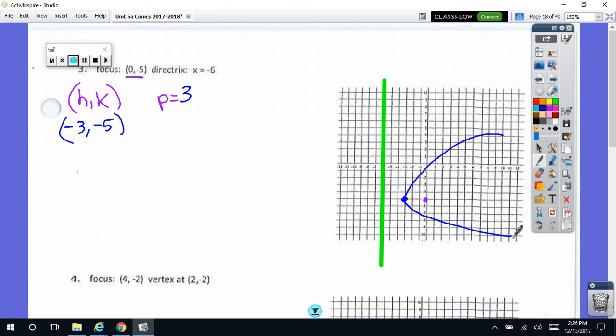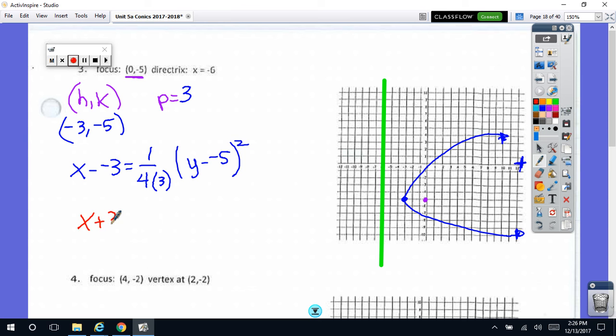The parabola is opening in the positive direction, so my fraction is going to be positive. My directrix is x, so my x is first. (1/12) y plus 5 squared.